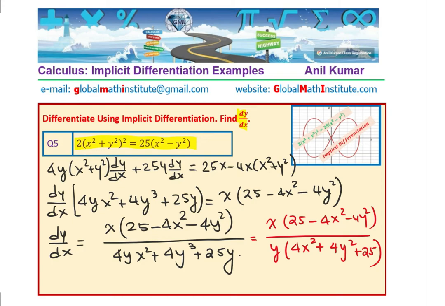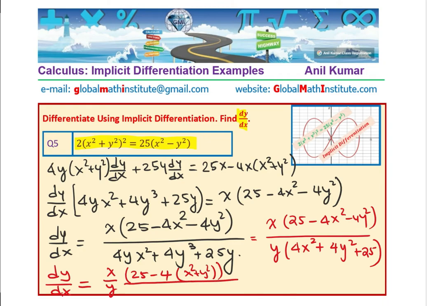So if you want to write it in a very similar way, you can see what dy/dx is, right? So dy/dx can be written as x over y. Now here we have 25 minus 4 common, and within brackets we have x squared plus y squared.